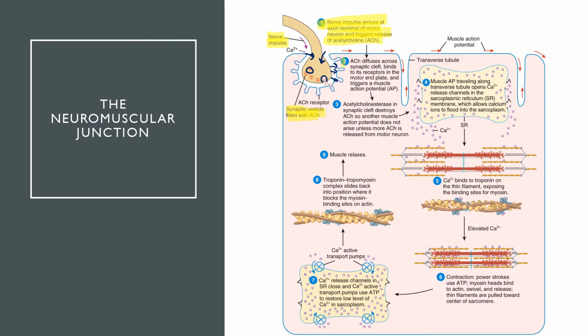Step number 2 is the activation of the acetylcholine receptors on the motor end plate. The binding of 2 molecules of acetylcholine to the receptor on the motor end plate opens ion channels that allow sodium to cross the membrane of the muscle.